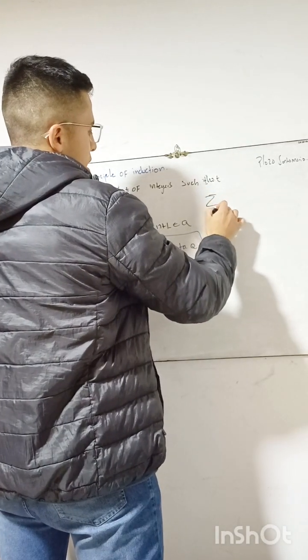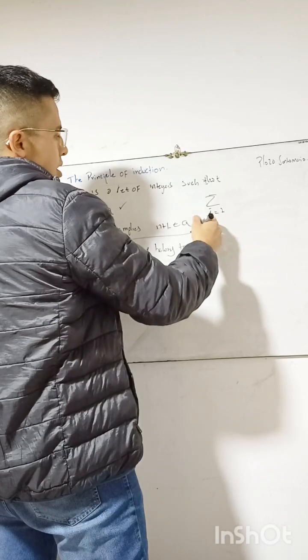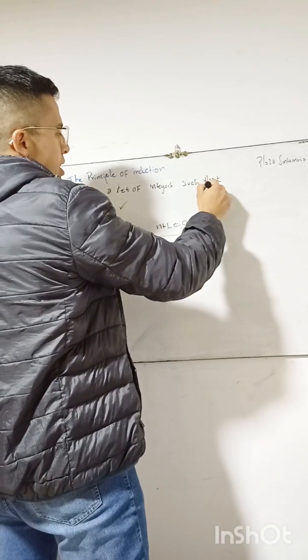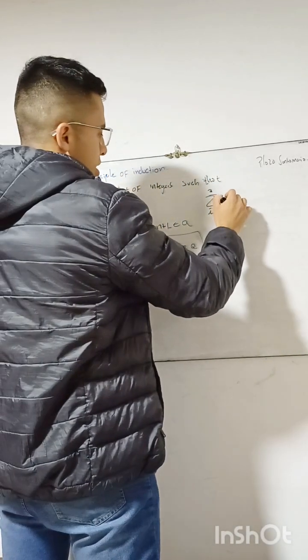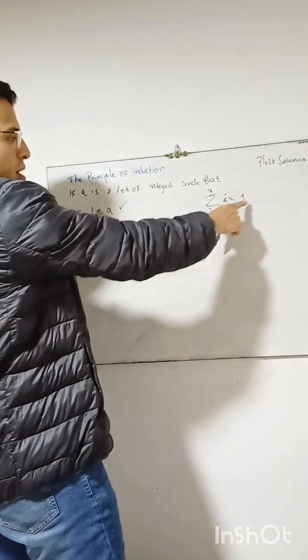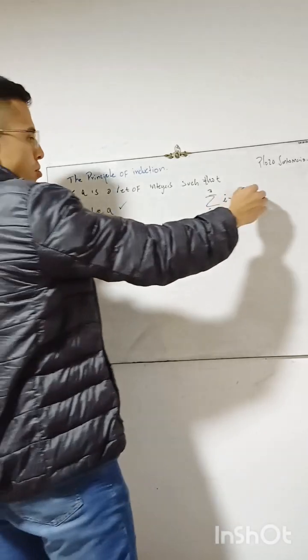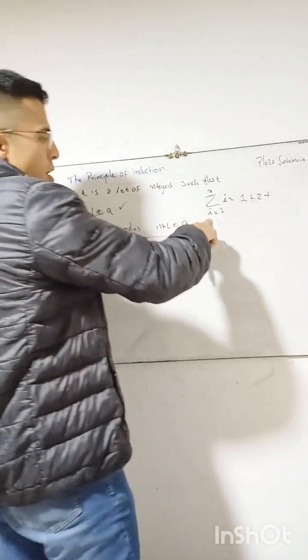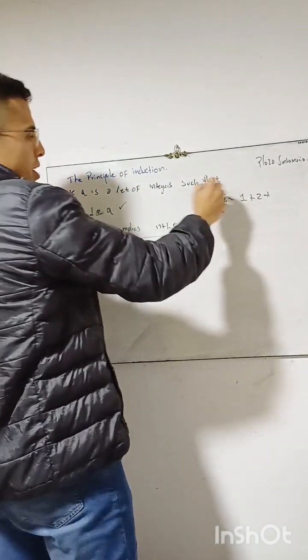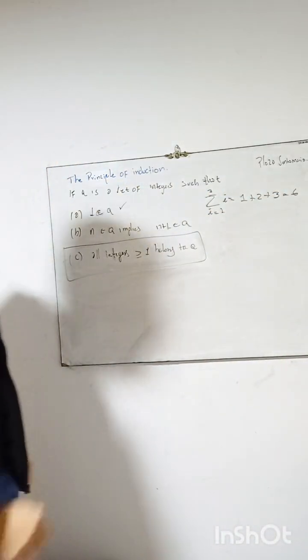The sum where i equals 1 until 3, for example, is this: when i equals 1, plus when i equals 2, plus when i equals 3, until 3, equals 6.